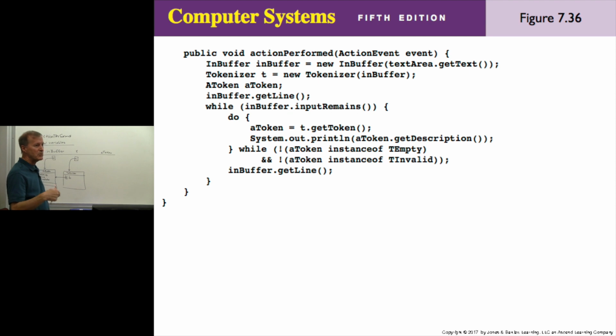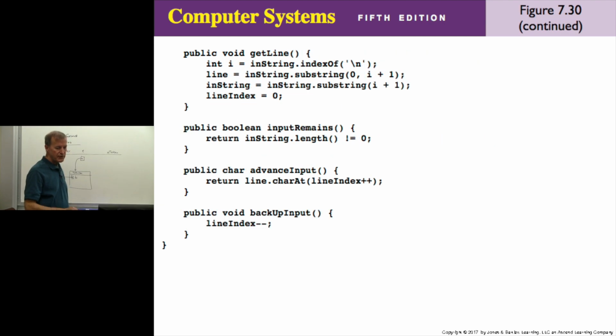GetLine. Now do you remember we worked through what getLine did? Let's go back and review it. In figure 7.30, remember what getLine does? Int I gets in-string dot index of the new line character. So that makes I point to the first new line in the string, which is at the end of the first line of input text.